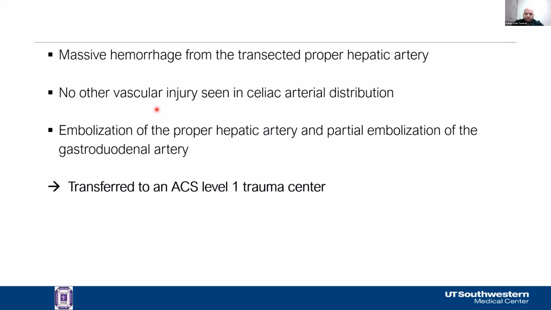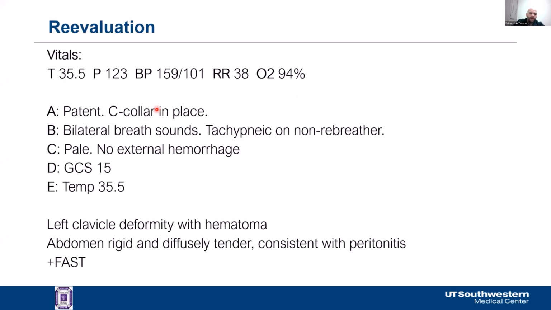Once the patient was transferred, his vital signs looked like this. He was slightly hypothermic. He was tachycardic to 123. Blood pressure was 159 over 101. Respiratory rate was 38, and he was satting 94%. He was tachypneic and pale. His GCS had somewhat improved.